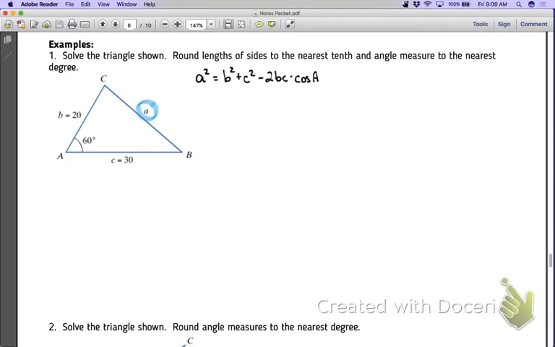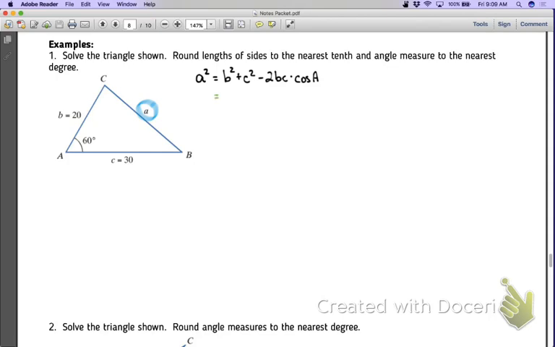Now I just plug and chug where I have values. I don't know what A squared is. I'm going to have to take the square root at the end. I don't put everything underneath the square root because then it can get a little bit messy, so I'm just going to square root it at the end.